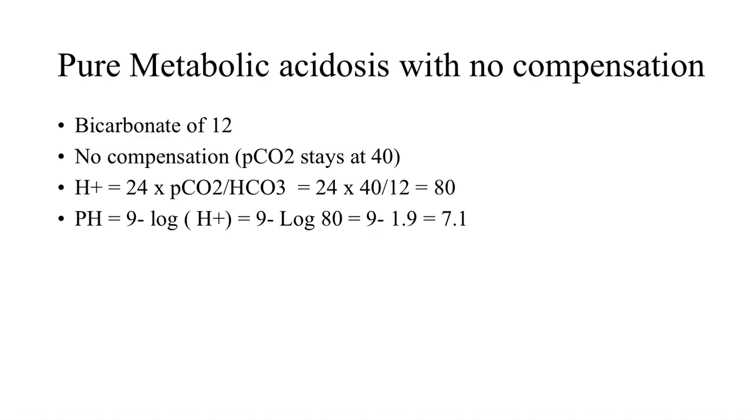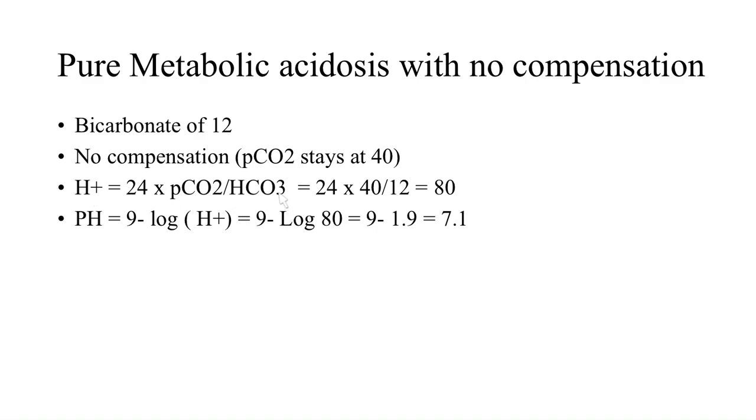So in a metabolic acidosis with a bicarbonate of 12, it can be ketoacidosis, lactic acidosis. Let's say there is no compensation. It is not uncommon for people to look at a PCO2 of 40 and think it is normal, which actually it's not, because it's supposed to be lower, because you're supposed to compensate. Let's say you do not compensate.